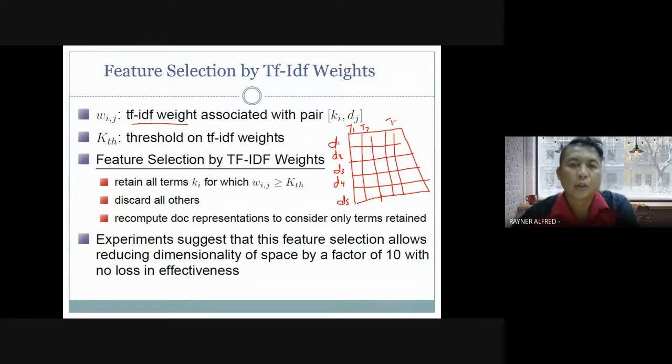So all these cells have values. So for feature selection by TF-IDF, we can retain certain keywords for which the weightage is above or equal to a certain number.